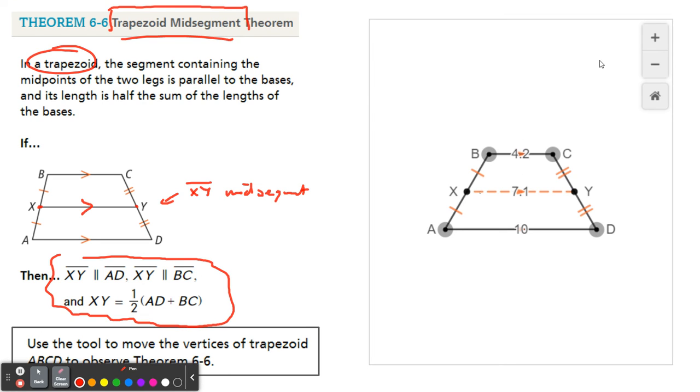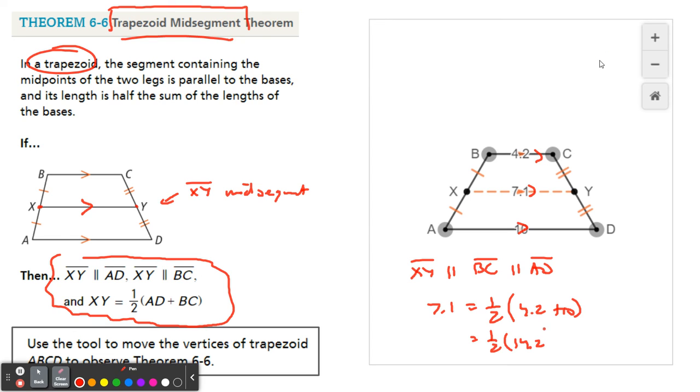So over here in this picture, notice that segment xy is parallel to segment BC and AD, right? They're all parallel. And 7.1 is going to be half of 4.2 plus 10, half the sum of the other bases. 4.2 plus 10 is 14.2. Half of 14.2, half of 14 is 7, half of 0.2 is 0.1. That checks out.